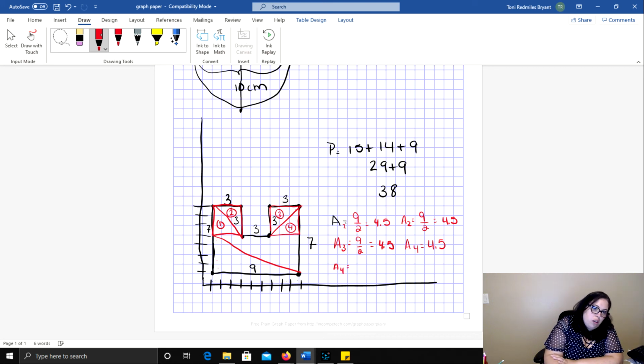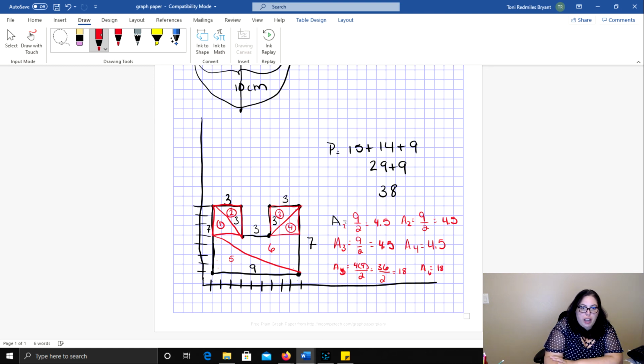So 4 times 9 divided by 2. This is going to be 36 divided by 2, which is 18. This one is also going to be the same thing, okay? It's also 9 by 4. 1, 2, 3, 4. So it's also going to be 18.